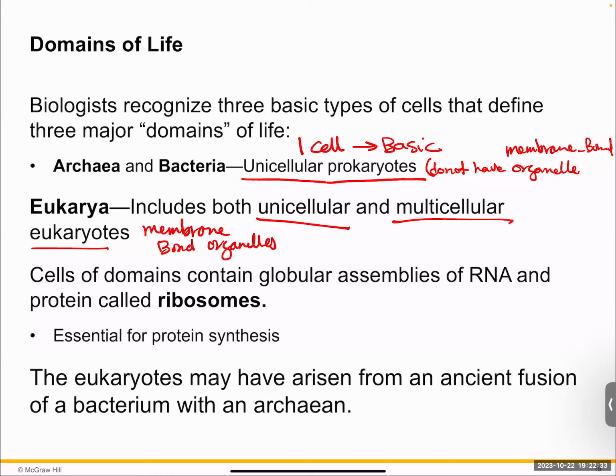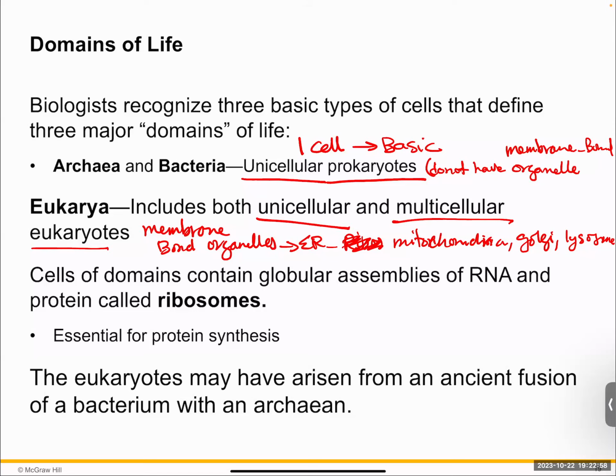And again, that implies things like ER, mitochondria, Golgi apparatus, lysosome. So these are all identified as membrane-bound organelles.